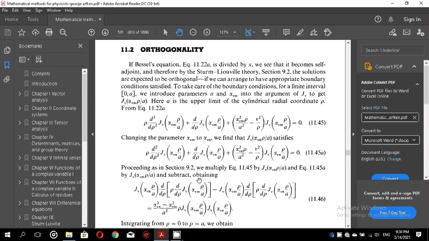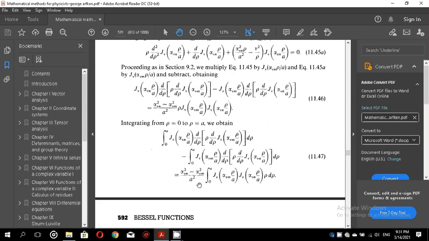The next topic is orthogonality, the orthogonality property of the Bessel's functions. Mind you that we are still studying the Bessel's function of the first kind.